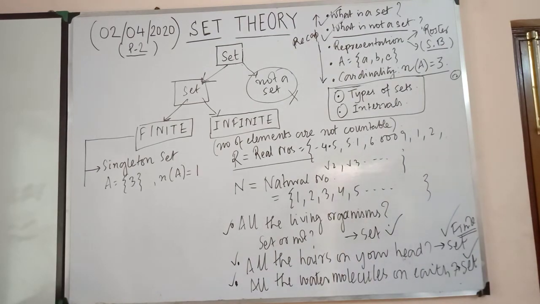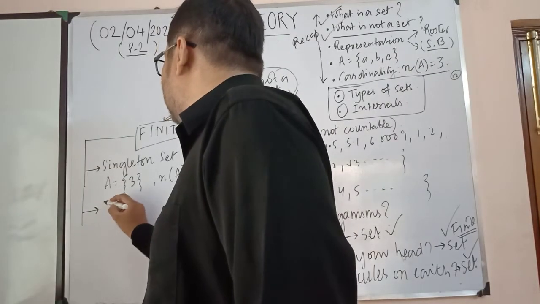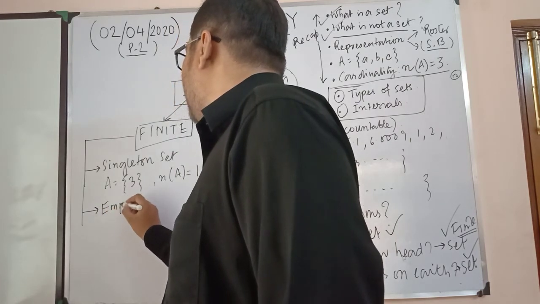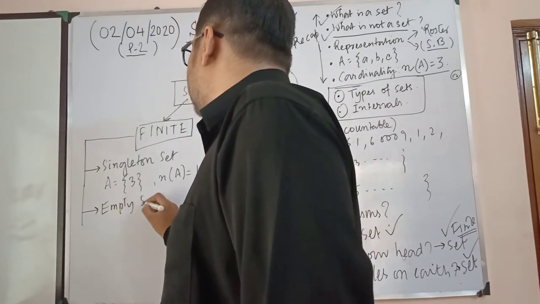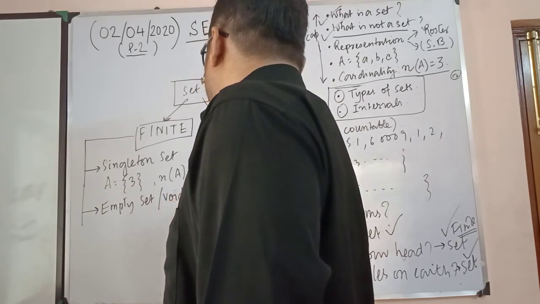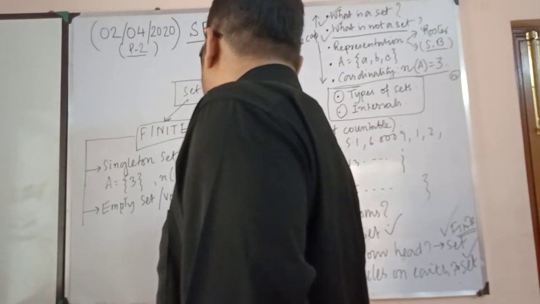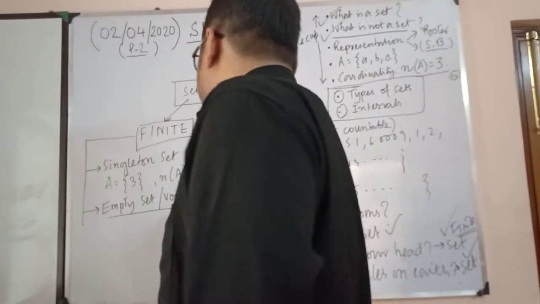The next, what we will try to find out is a void set, or say an empty set. So we write here empty set or void or null set.